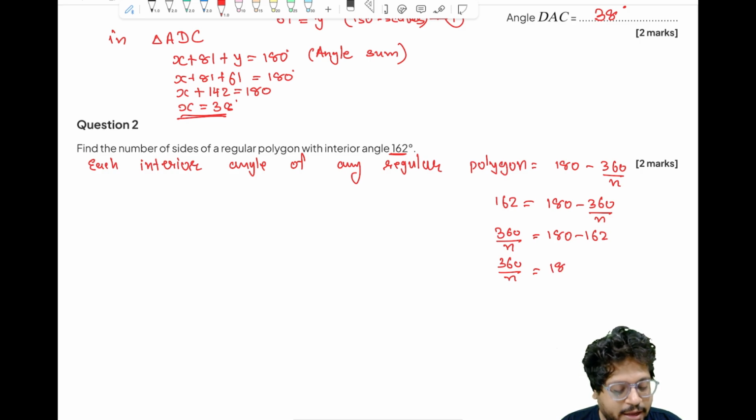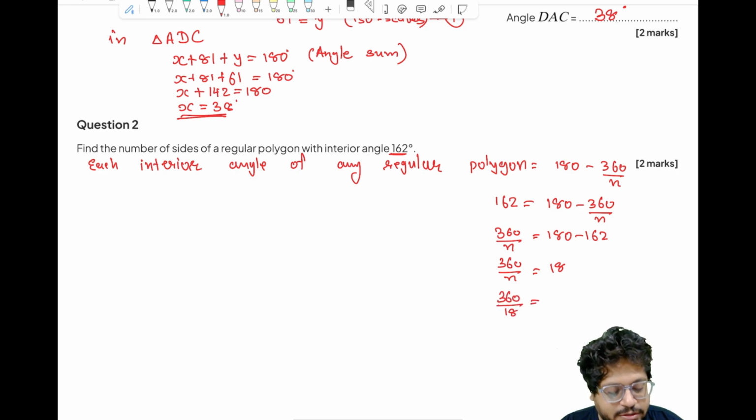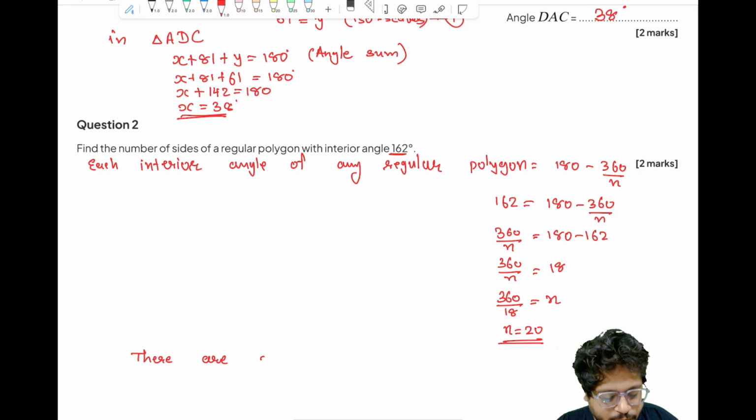Now if you make n the subject, it will go in multiplication, and this 18 will go in division. So 360 upon 18 is equal to n. 360 divided by 18 is 20. So there are 20 sides. Clear?